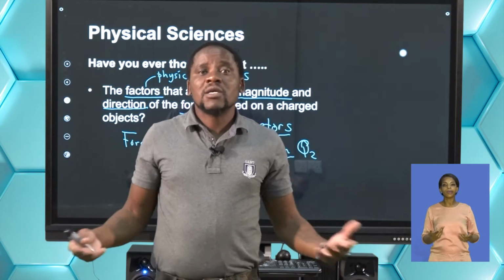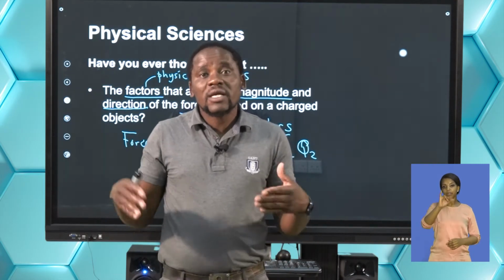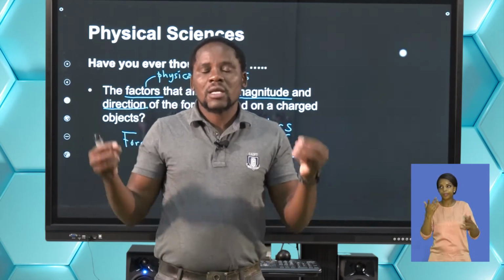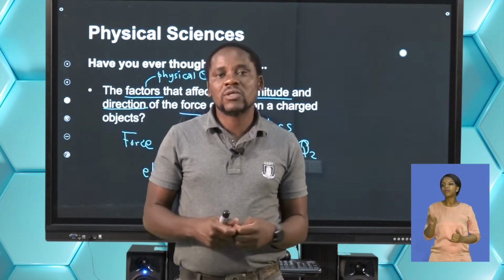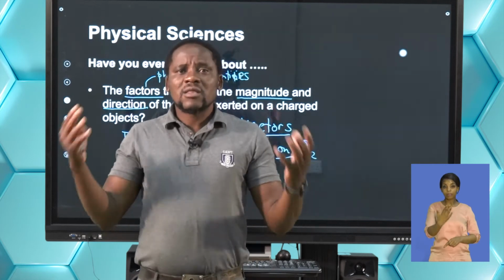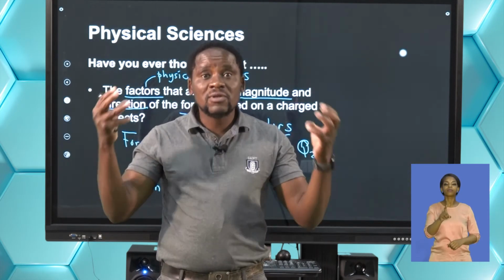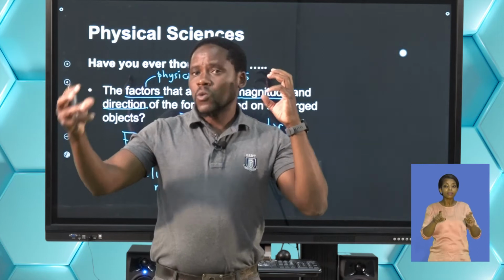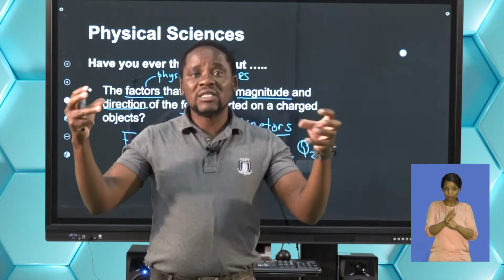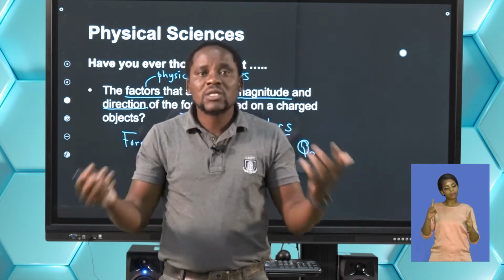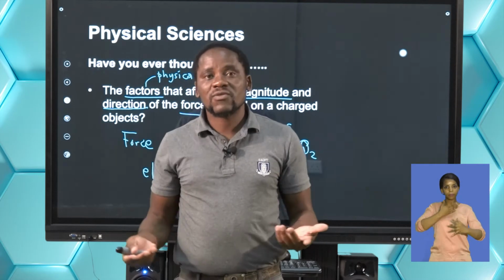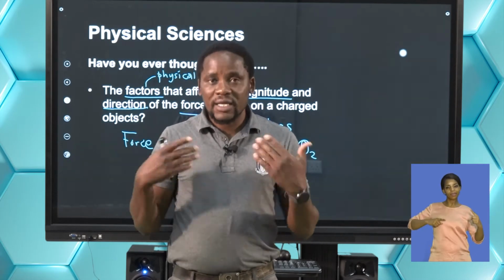The gravitational force is also a non-contact force, as well as the electrostatic force. What is common about these forces is that they are field forces. They act on one object by another over a distance, and the objects need not be in contact with each other. Hence we talk about field forces and non-contact forces in the context of electrostatics.